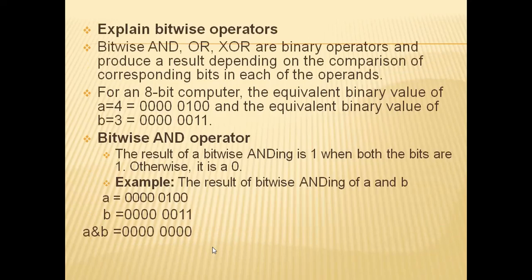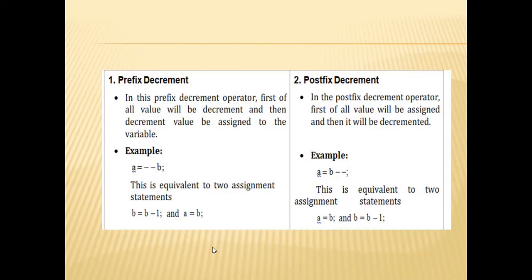See here in this example. The first one is the prefix decrement and here it is the postfix decrement. These are similar to prefix increment and postfix increment. There we increase the value, here we decrease the value. That is the only difference.